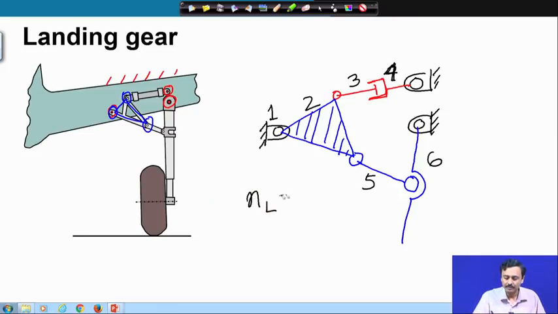So, number of links is 6, number of kinematic pairs. So, 1, 2, 3, 4, 5, 6 and 7. So, again we have number of links as 6, number of joints or kinematic pairs as 7. So, this is the kinematic diagram of the landing gear of the aircraft.